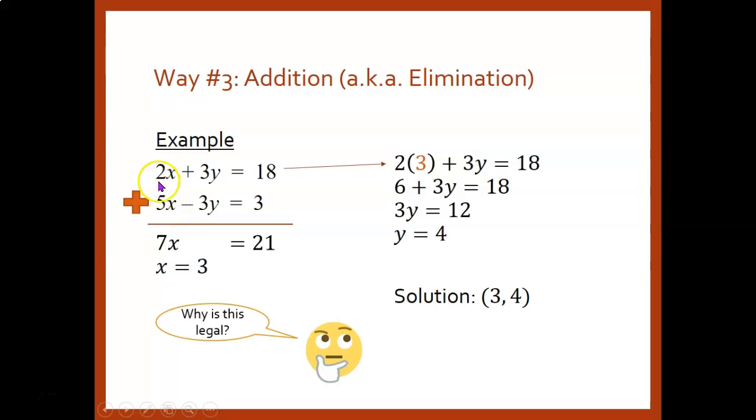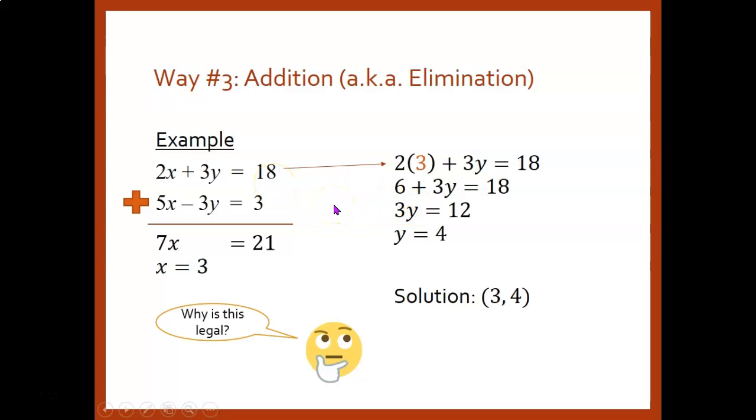Well, that's really what we were doing here, because we added 5x minus 3y to the left side of the top equation, and we added 3 to the right side of the top equation, but the second equation said that those two things are equal to one another. 5x minus 3y and 3 are equal. They're the same number. So we really added the same thing to both sides of that top equation.